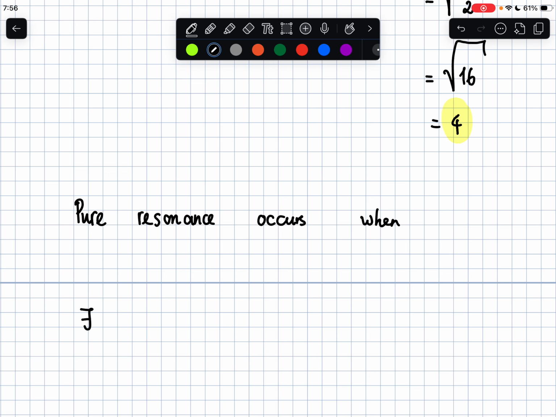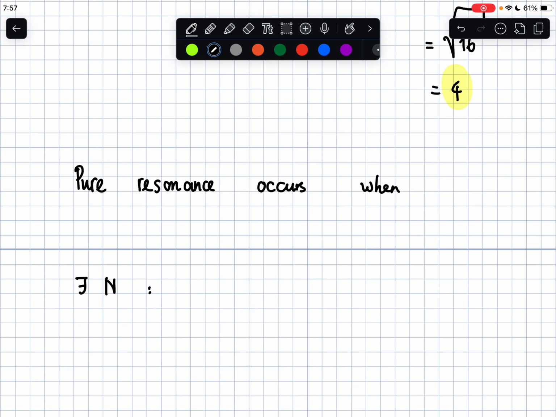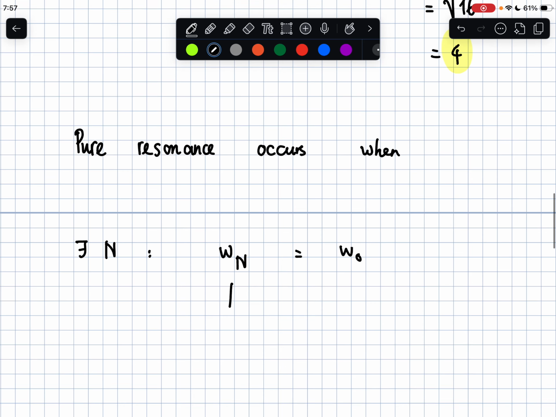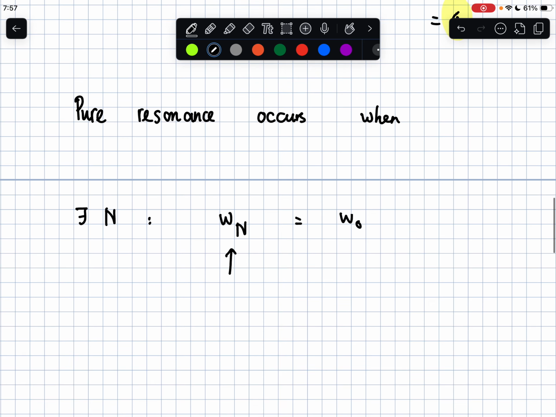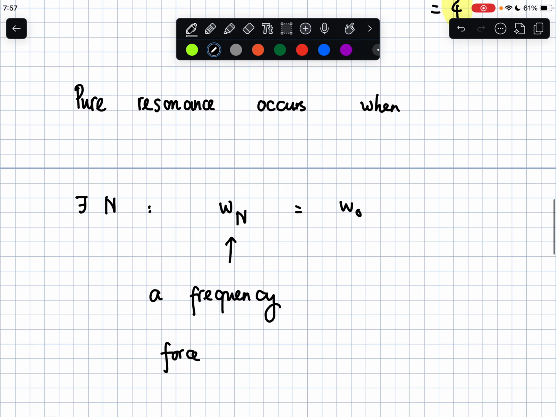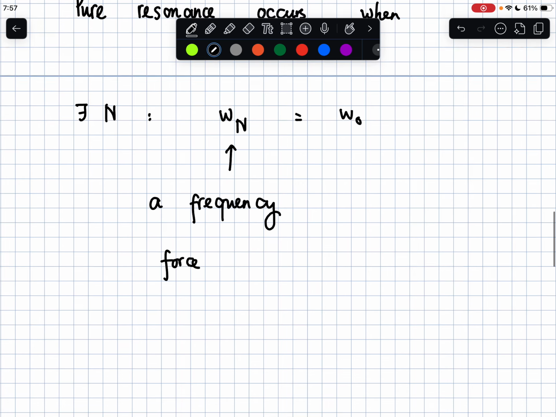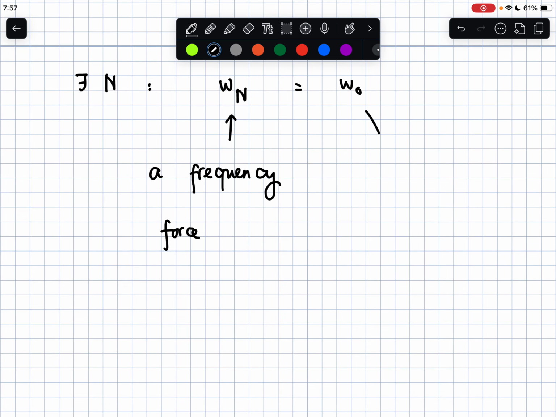So there exists a natural number n such that omega n equals omega naught. Here omega n is a frequency given by one component of the force, and omega naught is the natural frequency. In our case, this is 4.